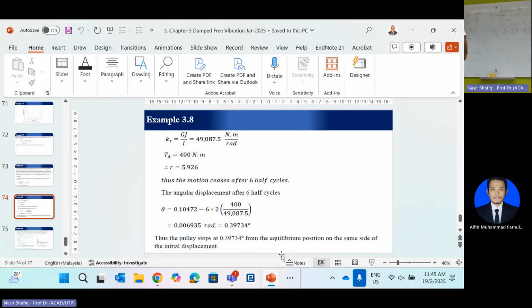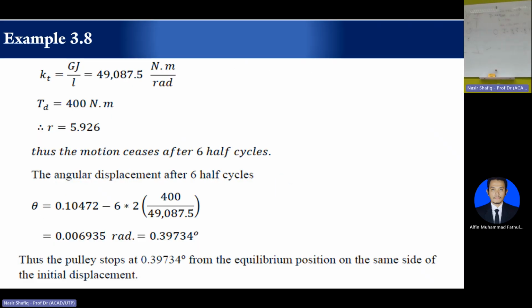If it is steel, I'm just taking the KT, the rotational stiffness, as GJ upon L of the rod.